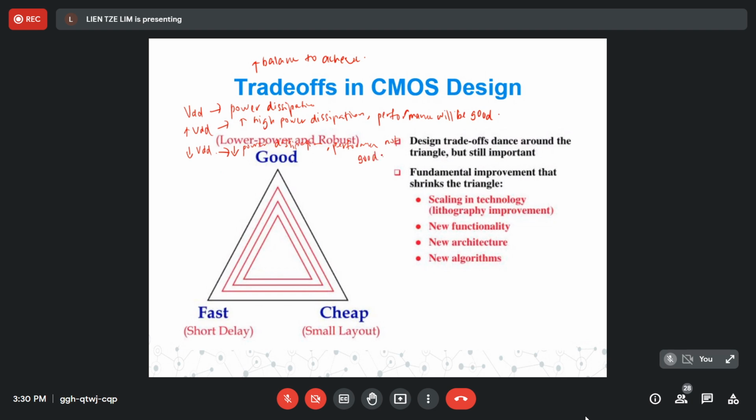Performance not good here means that the functionality of that device may not support many functions, because to perform many functions in the device, the supply voltage must be sufficient. But if the supply voltage is low, then maybe some of the functions cannot be achieved.